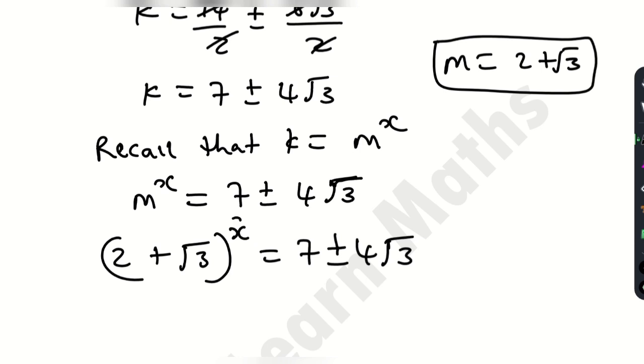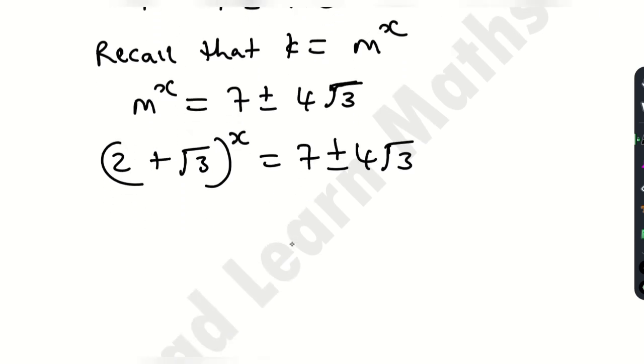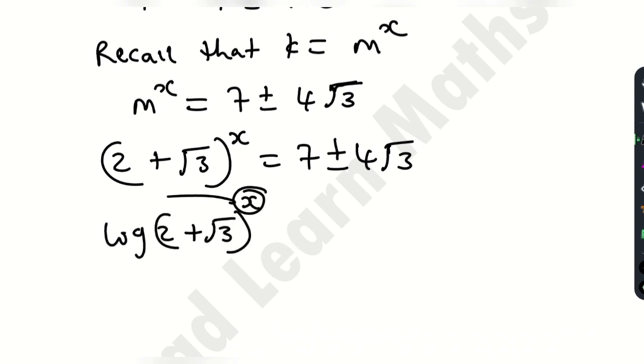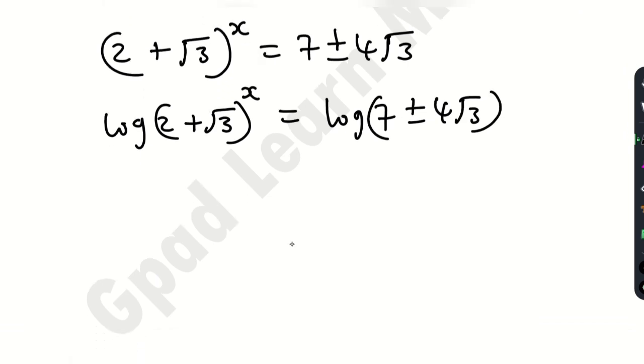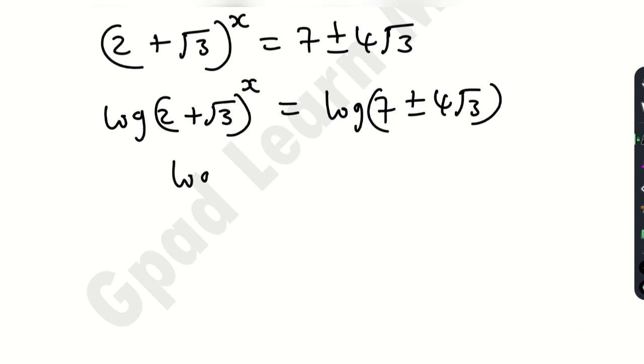So to get the value of x here, I'm going to take the logarithm of both sides. So we have log of 2 plus root 3 raised to the power x. The reason is to bring this x down here. And this will be equal to log of 7 plus or minus 4 root 3. And from here, I'm going to apply the law of logarithm, where you have log a raised to the power x, for instance, this can be set to x log a.